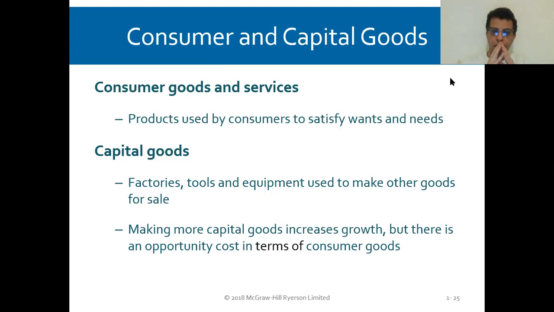You buy a hammer, and if it is used in your home to fix things, it becomes a consumer good. But if you take it to your work outside, it becomes a capital good, because it's producing money for you. So making more capital goods increases growth, but there is an opportunity cost in terms of consumer goods.